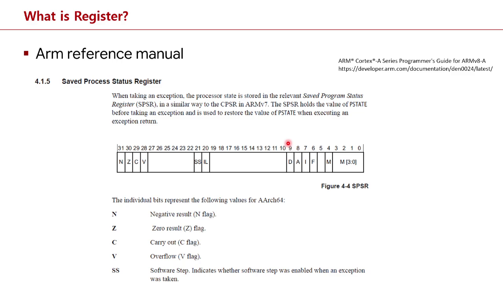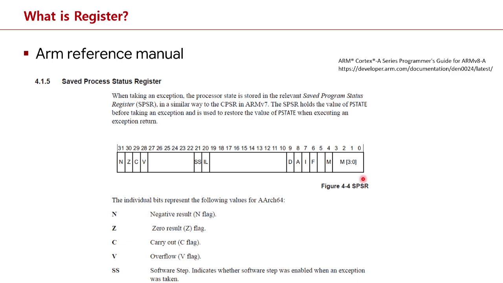Then this is another example from the Arm reference manual, and this describes the bit assignment map for the SPSR_EL1 register. As you can see, the bit assignment map describes how a specific bit field represents the operation of a specific feature.